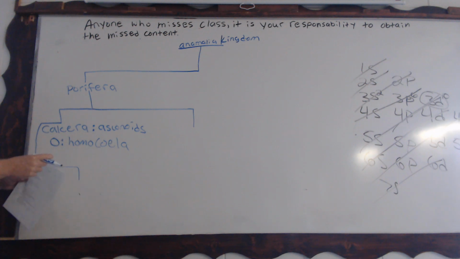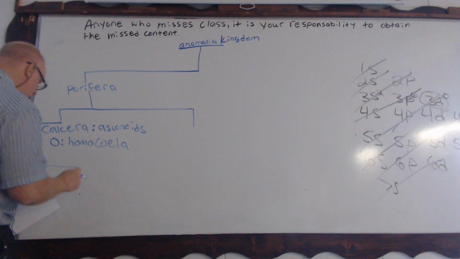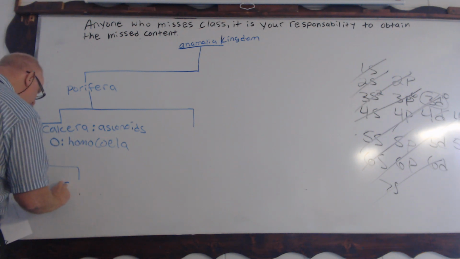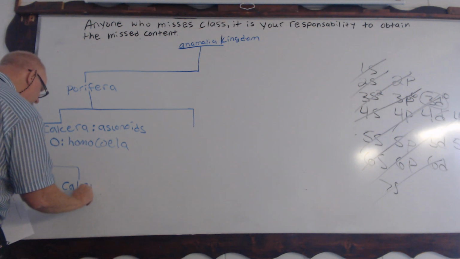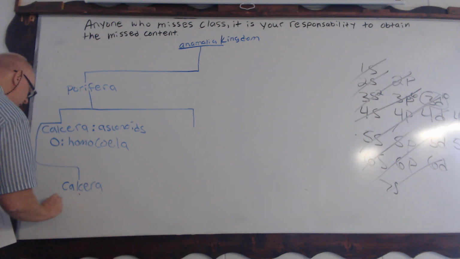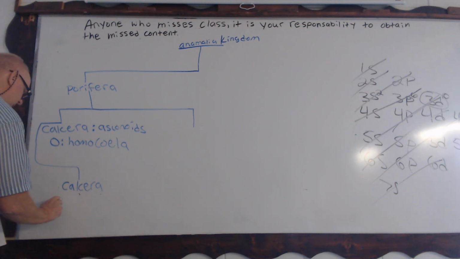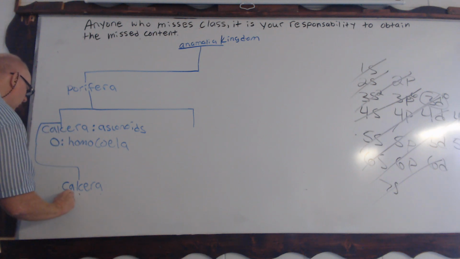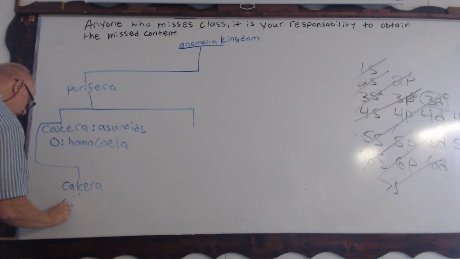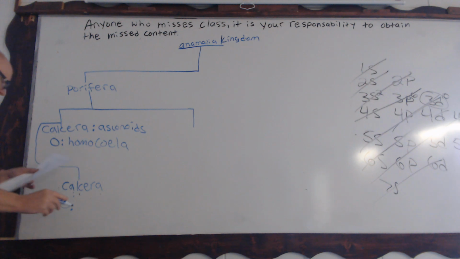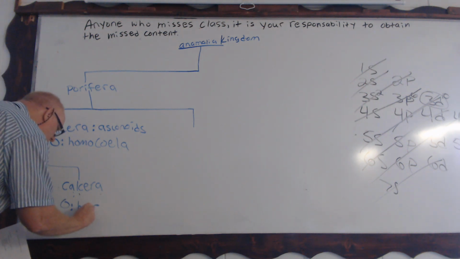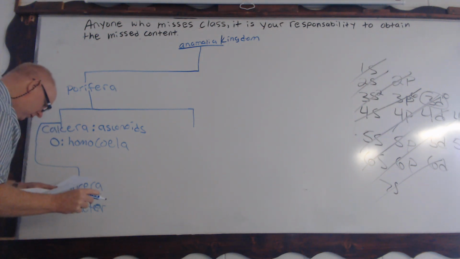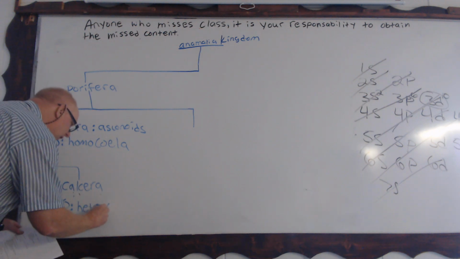And then, is that the only order for this class? No, there's not. So we still have Calcarea, but the other order is, again, what? So then we put order Heterocoela.